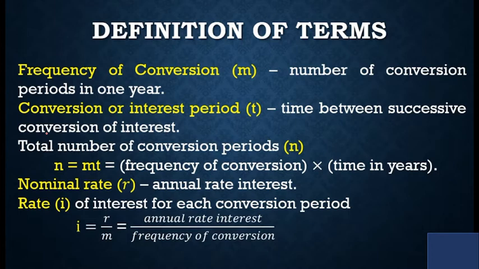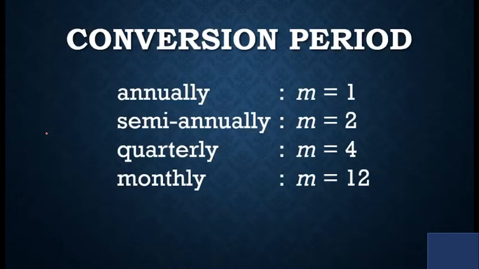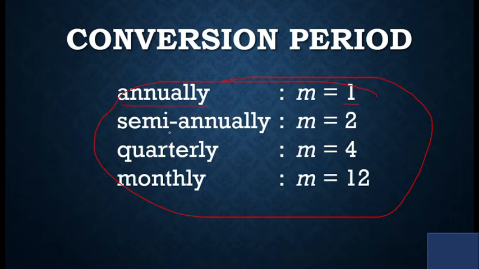Okay, so don't worry, sayon na jud kaayo ni siya. This is the conversion period. Pag annually, yung M is 1. Semi-annually, yung M is 2. Quarterly, yung M natin is 4. Then monthly, yung M natin is 12.